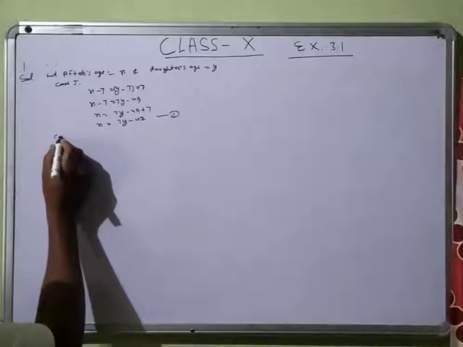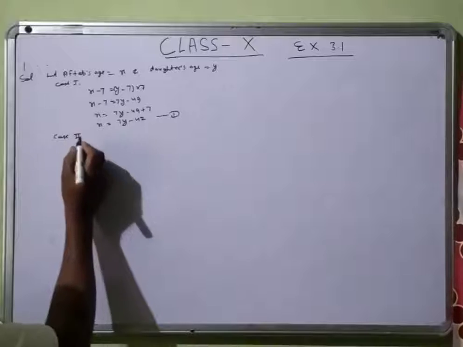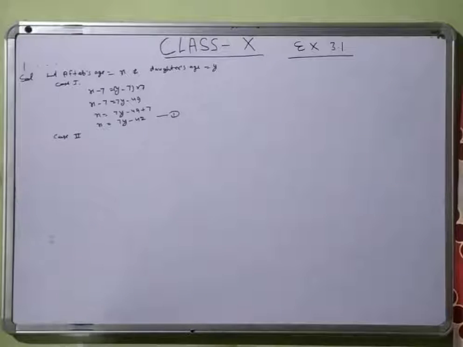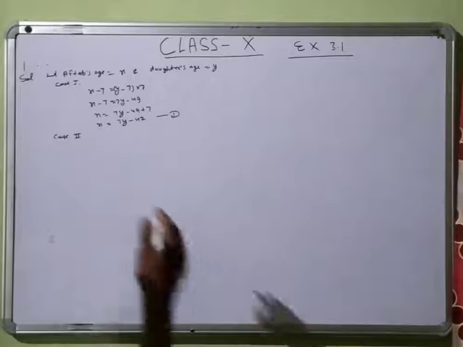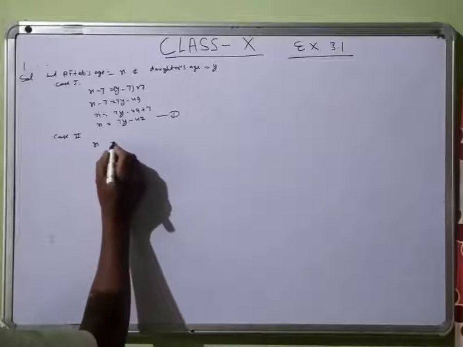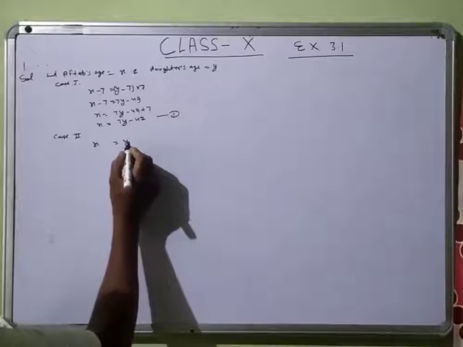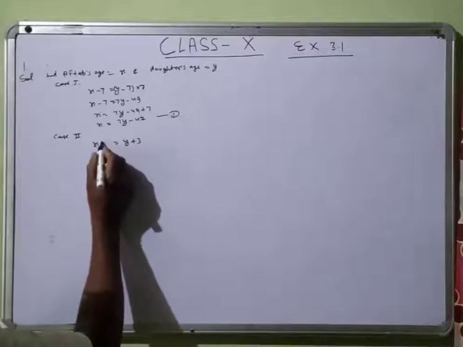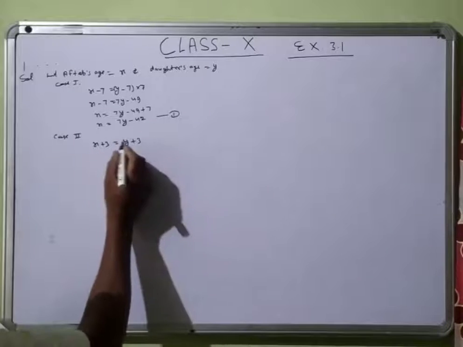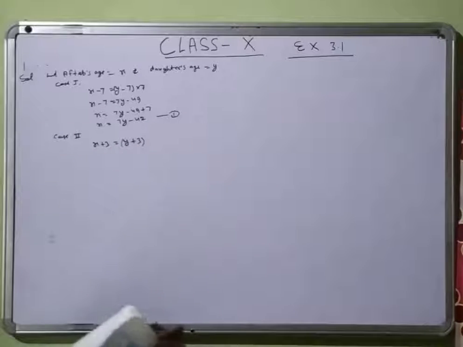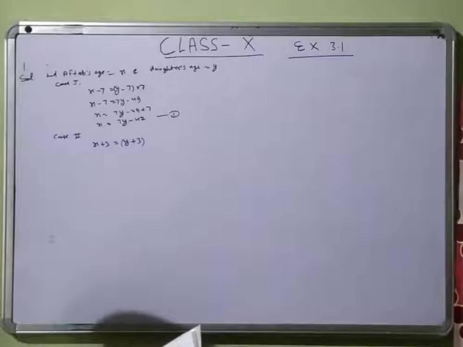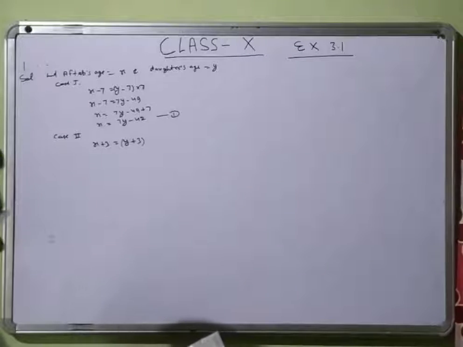Case second. 3 years from now, so both are not equal. 3 years from now means plus 3. Aftab is telling, I shall be 3 times as old as you will be.